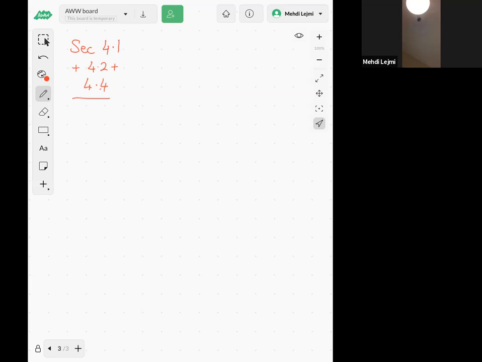All right. So this is the trig functions and unit circle. I'm going to start with the definition of the angle.